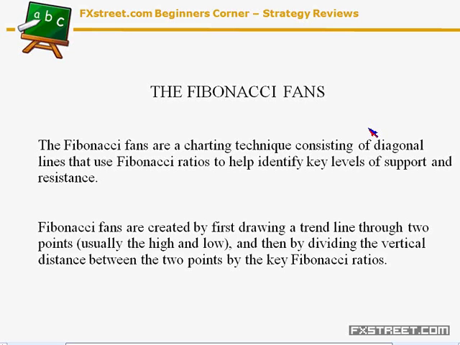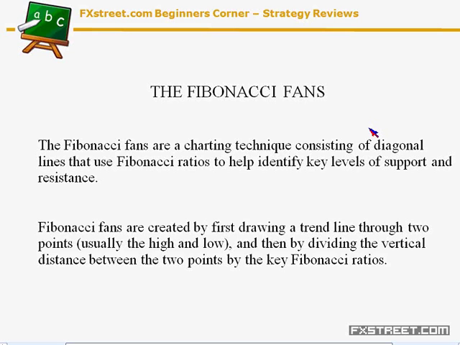Anyway, the Fibonacci Fan is another charting technique that consists of diagonal lines that use Fibonacci ratios to help identify key levels of support and resistance, in this case dynamic ones, because they will vary over time, right?